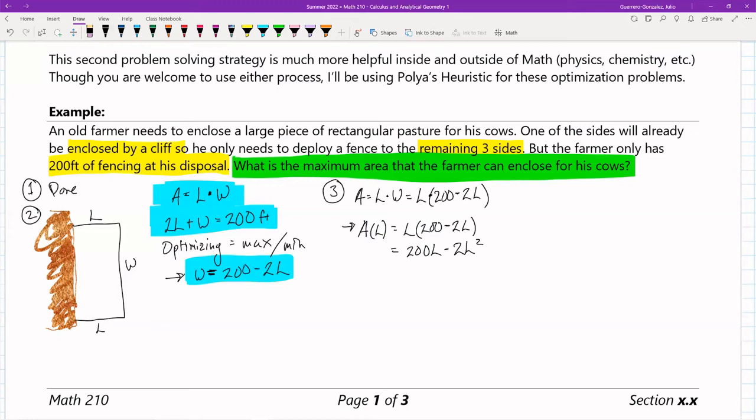So that means I get to take the derivative of this area function. So A prime of L is going to be 200 minus 4L. And we need to set this equal to 0. Solving this out, we get that L is 50.